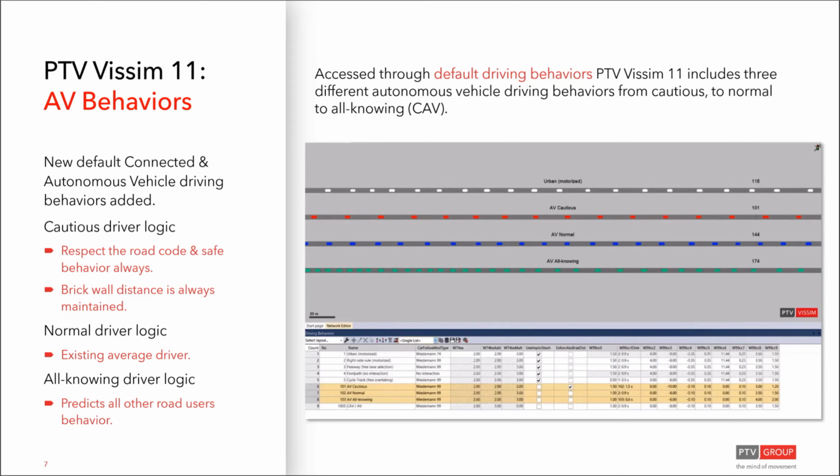It doesn't really need, it knows everything. In Vissim, the vehicle will not know everything around it, but it's more the assumption that this vehicle knows exactly what's around, and therefore it optimizes only its own path to the destination, driving a little bit more aggressively.